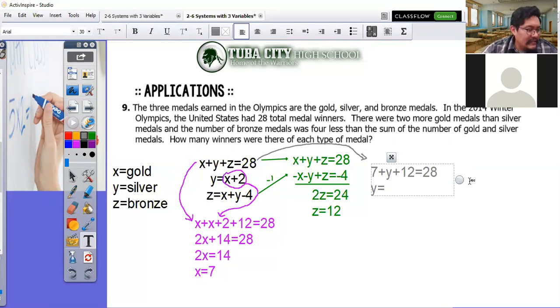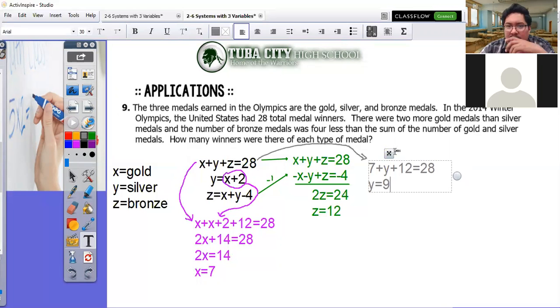So 28 minus 19 would be 9. The only thing that's kind of throwing me off is, let's see, there were 2 more gold medals than silver medals. So wait, hold on, there's 9 silver and then there should be 2 more gold. Somehow these numbers got switched.